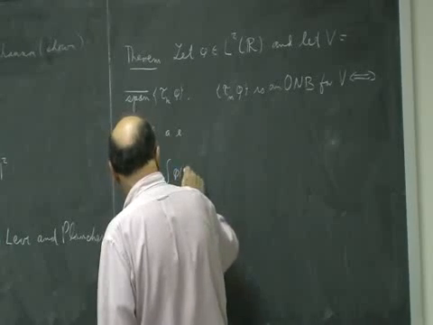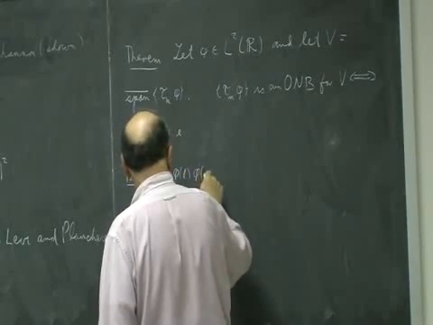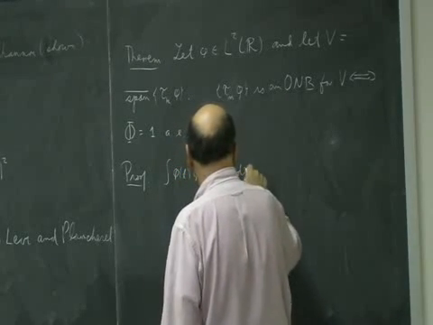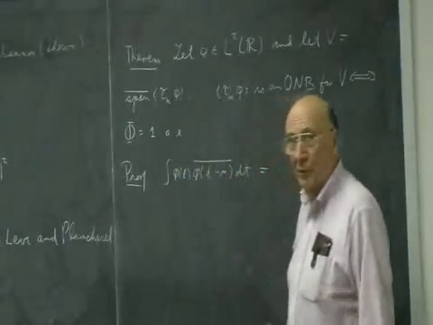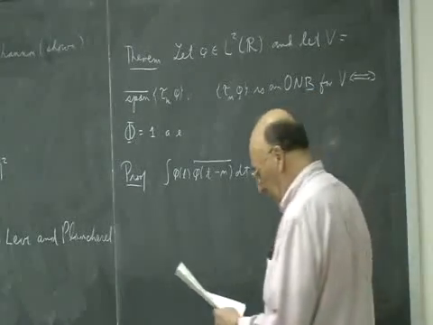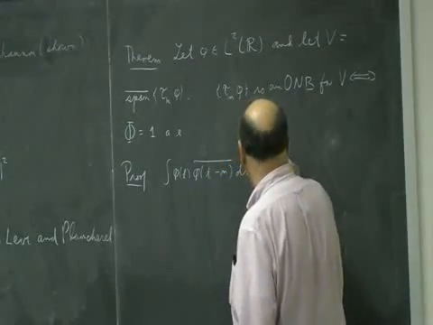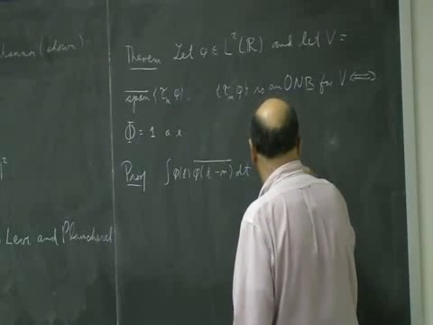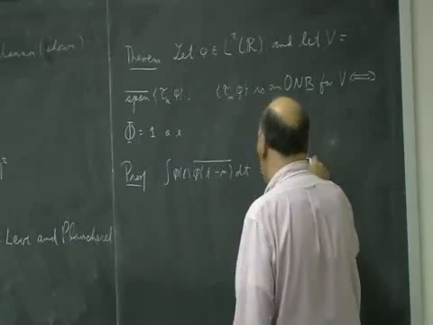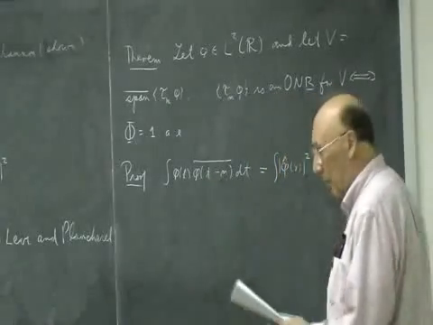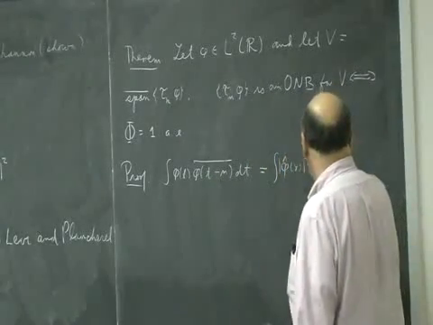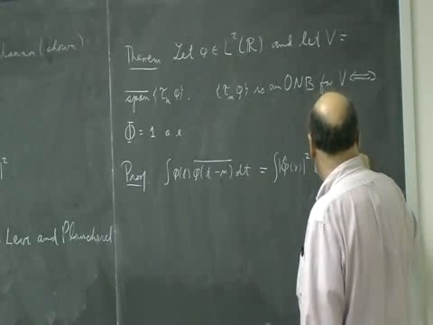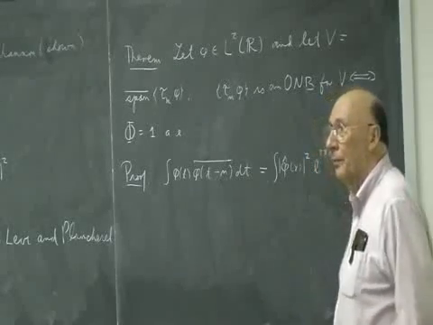We look at the integral of phi of t and phi of t minus n dt, and then I'm going to use Parseval. If I use Parseval, then what I get is this is equal to the integral of phi hat of gamma squared times an exponential, e to the 2 pi i n gamma, d gamma.